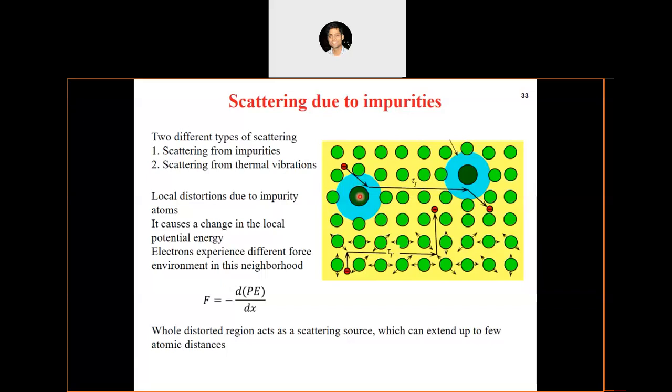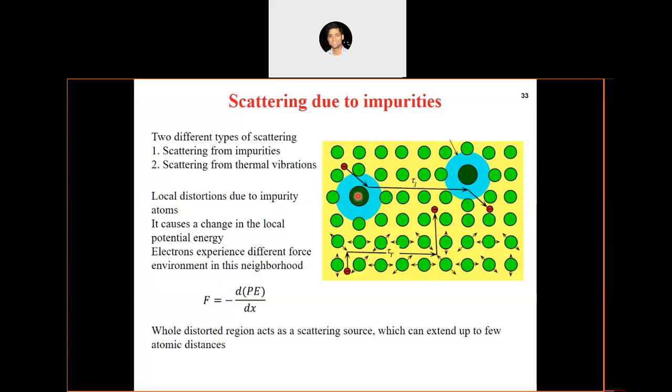That is why, when there are impurities in any material, the resistivity is dominated by impurity scattering rather than lattice scattering.